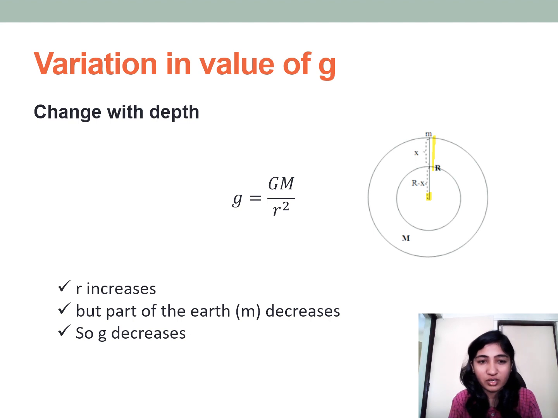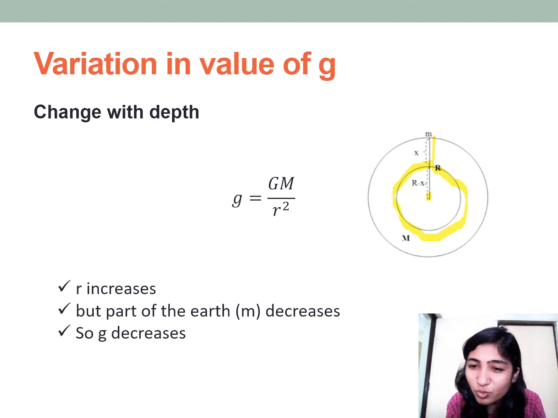So we should think that g should increase as they are in inverse relation. The distance decreases towards the center, but the part of the earth which is considered, the mass, also gets decreased.